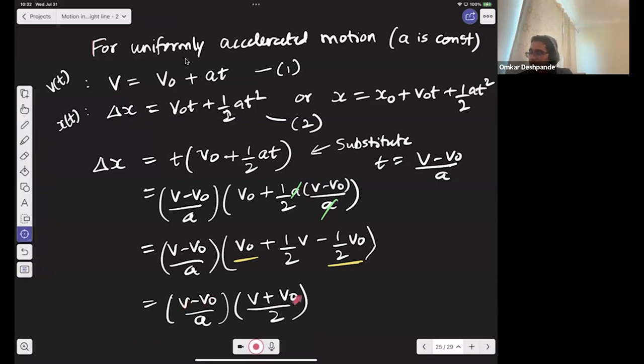Now I can use a minus b times a plus b is a square minus b squared. Right, that basic result from your earlier algebra. So v square minus v0 squared is 2a times... and if this is to be equal to delta x, that means v square minus v0 squared must be 2a times delta x.